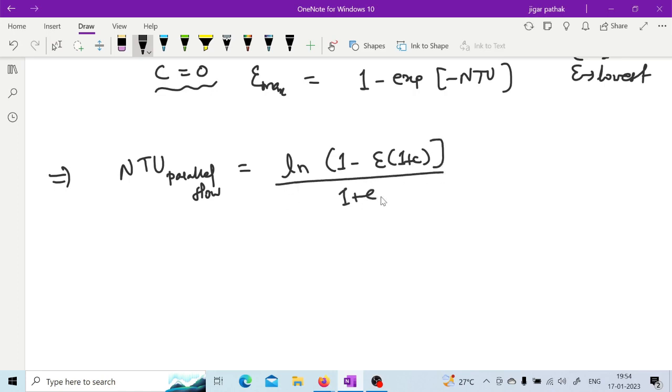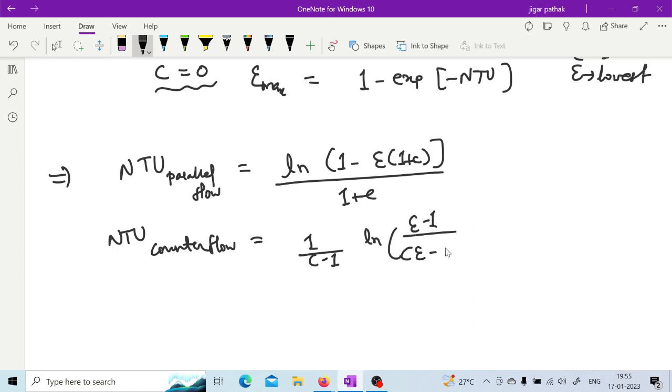Similarly, NTU for counter flow is given in terms of C minus 1. And for C equal to 0, NTU can be written as minus ln(1 minus E). So from this effectiveness NTU method you can have these relations.